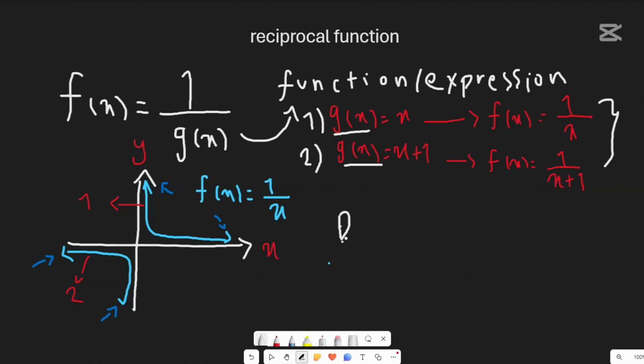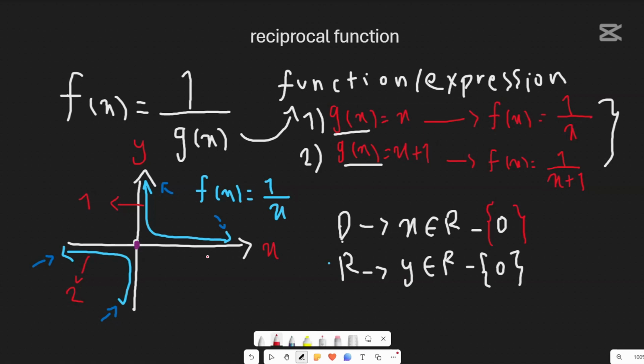The domain of this function, D, is all the real numbers, x in R, except 0, because the first and the second part of the function never touch x equal to 0. So the domain is basically all the real numbers except 0. The range is also all the y values except 0.